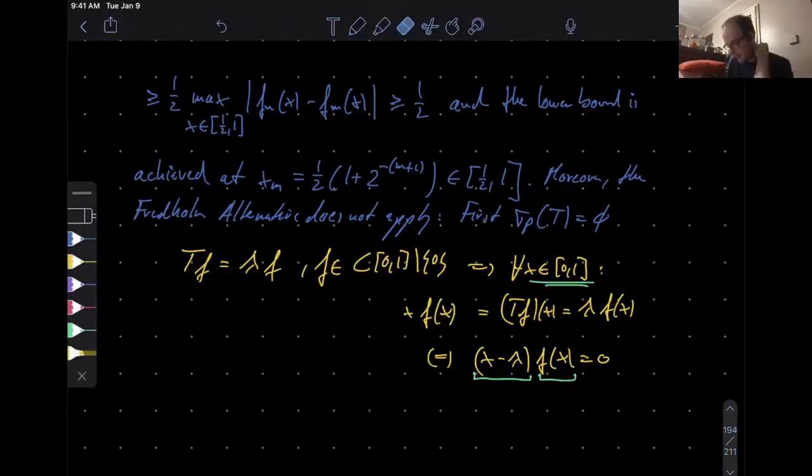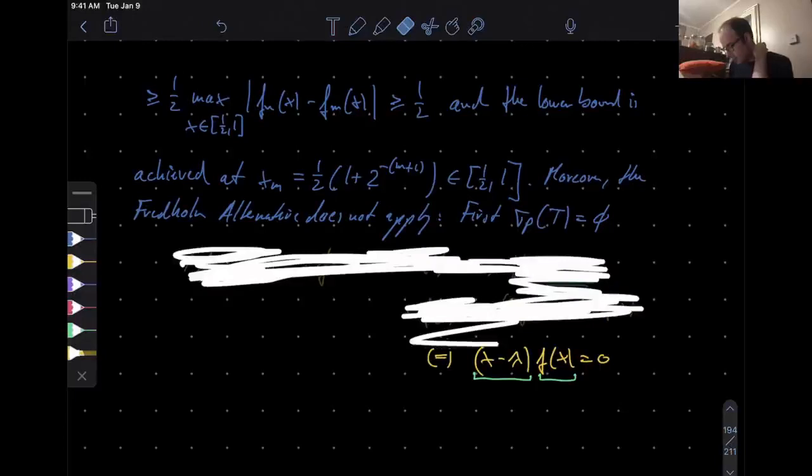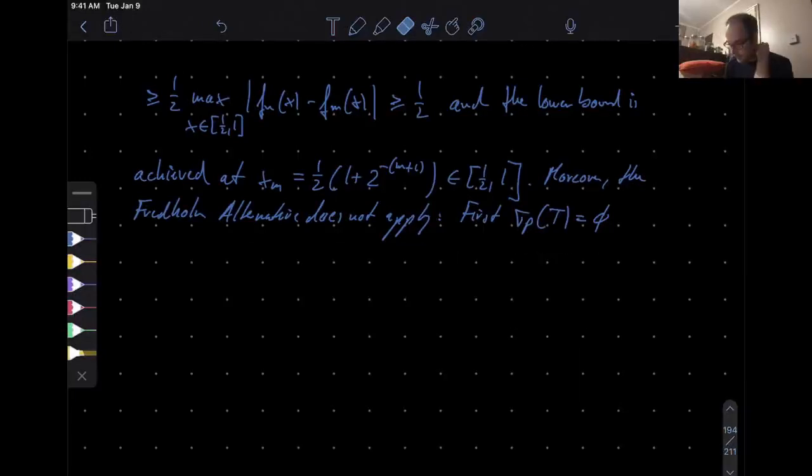That's the argument. I will erase it again. As I said, this will appear on the exercise sheet, but that's the argument for the point spectrum, right? So we have this. So in turn, you have that 1 minus T is injective, right? Because the guy doesn't have any eigenvalues, right?